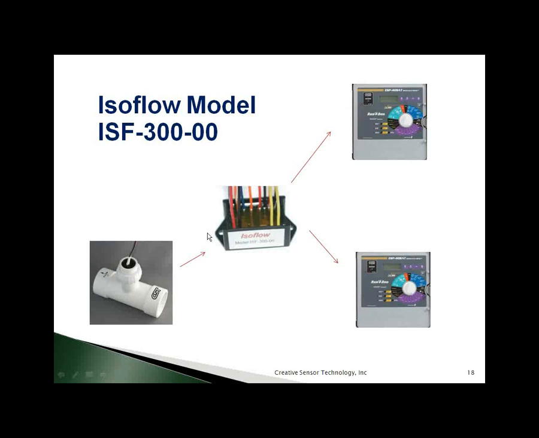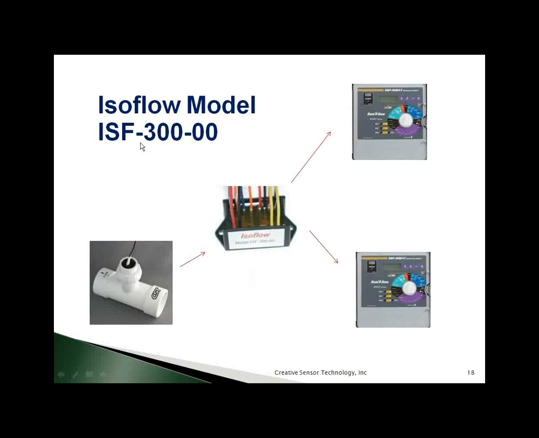So we developed an optical isolation device that allows you to connect the sensor to multiple controllers or to share a sensor between a controller and a pump station, a fertigation control system, or something like that without trying to figure out how to put in multiple systems.